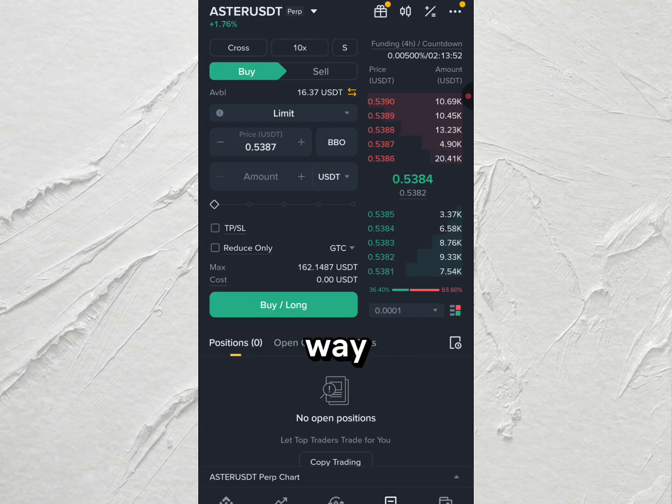If you are making way more money and your portfolio size increases to probably $1,000, but you started with about 163, and you're about to close the trade using market order, you're going to be paying 0.5% of that 1,000 at that current market price.